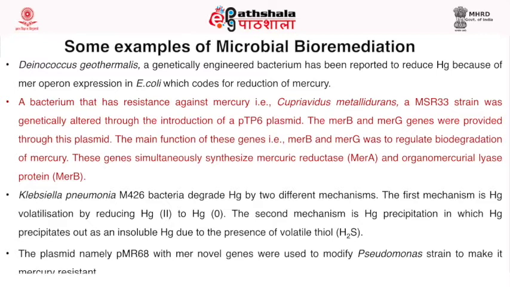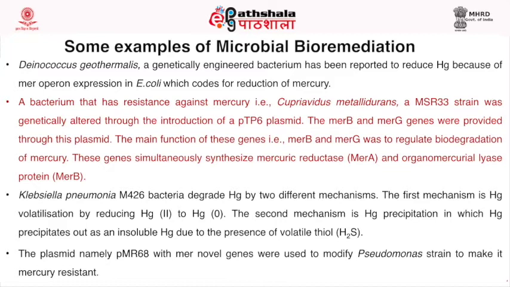The plasmid pMR68 with mer novel genes was used to modify a Pseudomonas strain to make it mercury resistant. So this kind of research is presently going on in different laboratories all over the world, so that bioremediation can be used effectively for the cleaning of heavy metal contaminated sites.